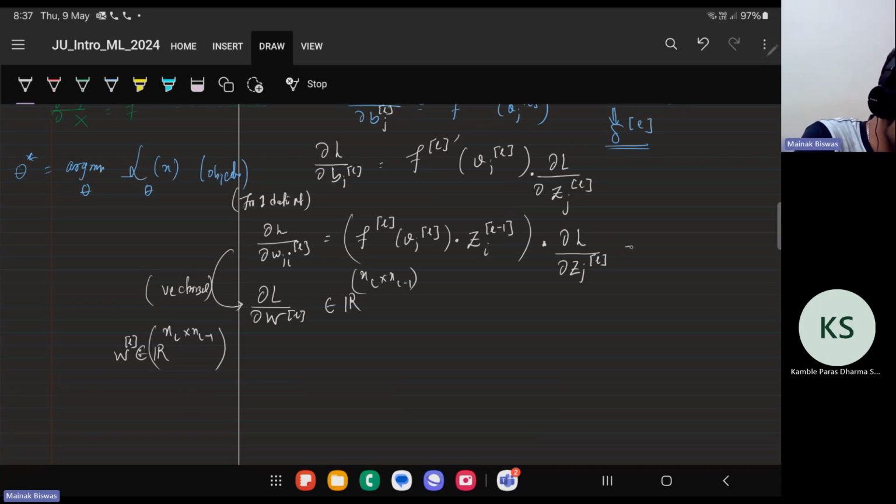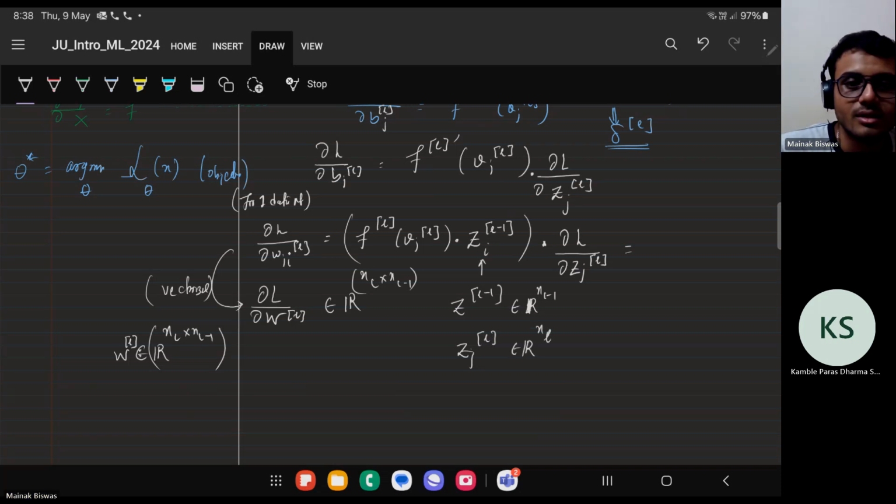So you see, this is how much dimension? Just note, Z of L minus 1 belongs to R to the power of how much? NL minus 1, right? And Zj of L belongs to R to the power NL, right? So we want to make this into a product form.